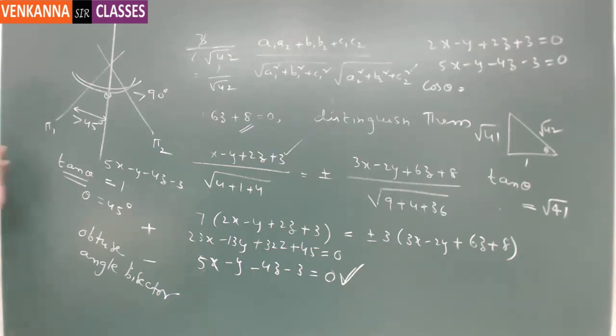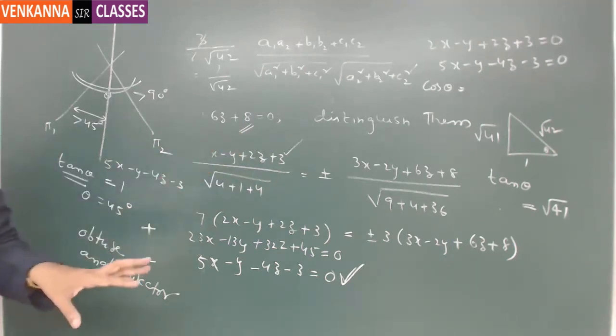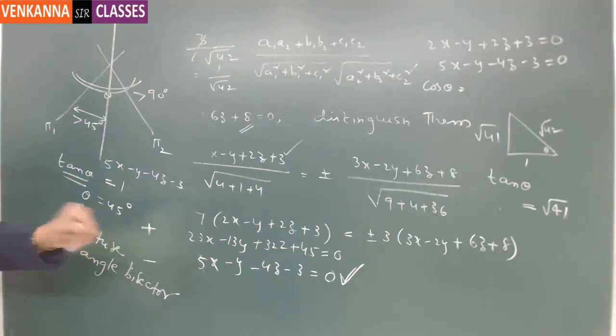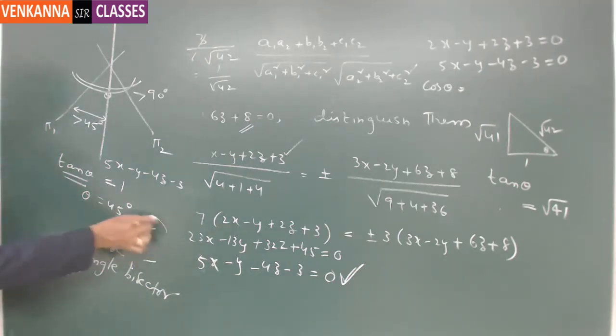Right. So after distinguishing the planes, we can say one thing, that always the origin lies on one of the sides of bisecting planes. Either it will be on the acute angle side or obtuse angle side, whatever the case may be. While applying the formula, you consider the plane which is obtained by using the plus sign.